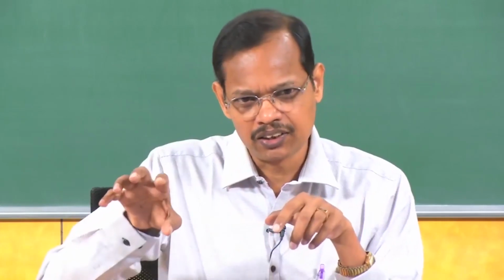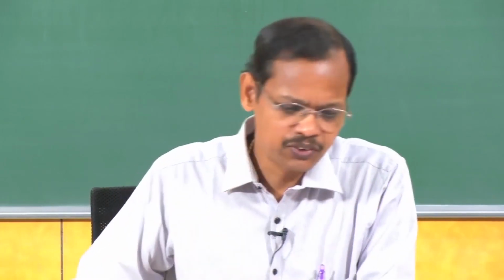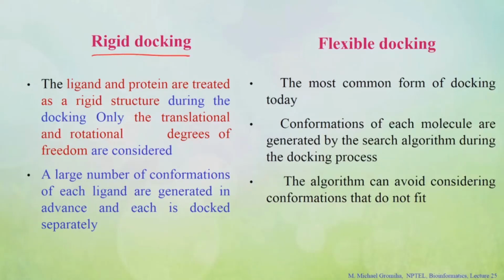Sometimes, as I discussed earlier, if you know the protein and if you know the ligand, in this case the docking is simple. Here we use rigid docking. In this case the protein is treated as rigid. We have the protein pose, so we do not make any changes in the protein pose; we keep the pose as it is.